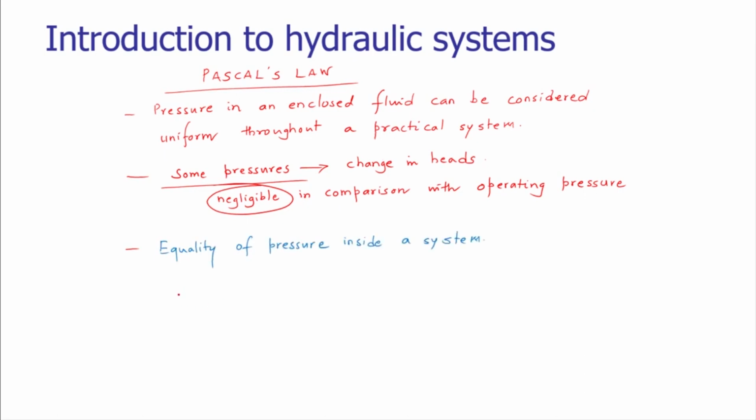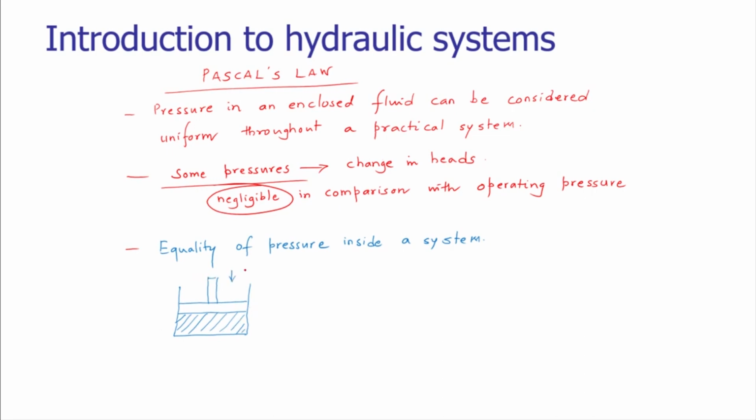To understand it in a better way, let us take an example. Consider we have an open system. Now let us make it closed. We are using a container, and the container has a piston, and there is liquid filled in the container, and over the liquid we have a piston.